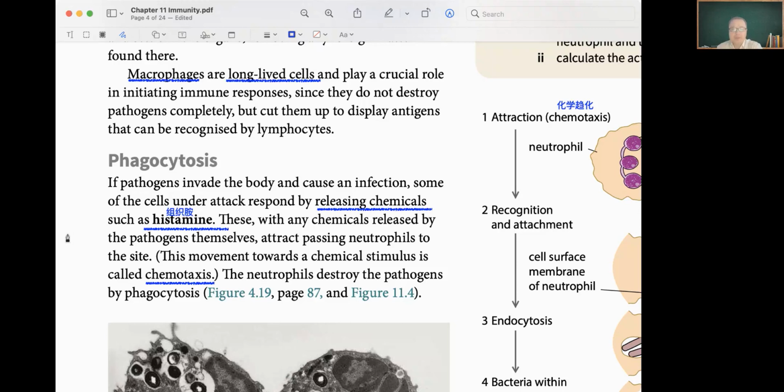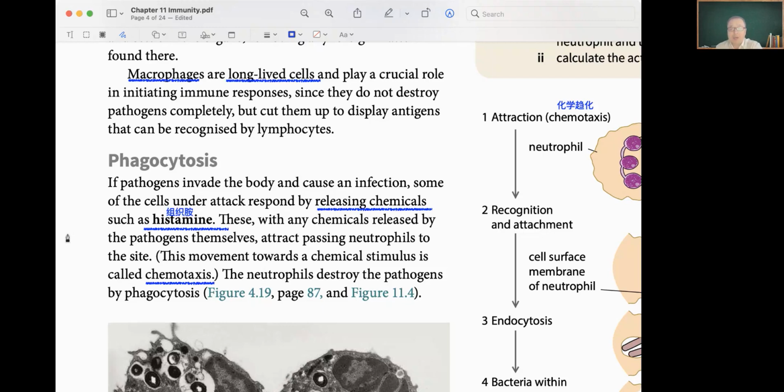The neutrophils and macrophages will protect the human body to fight against the bacteria. So it's good.